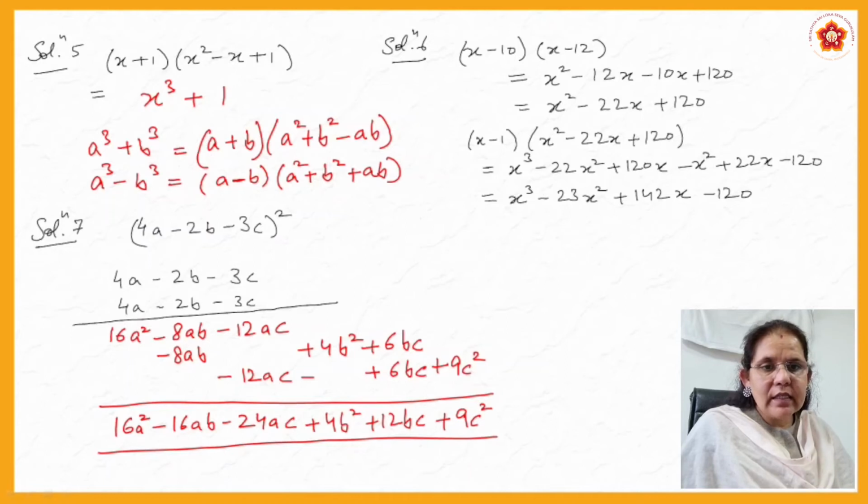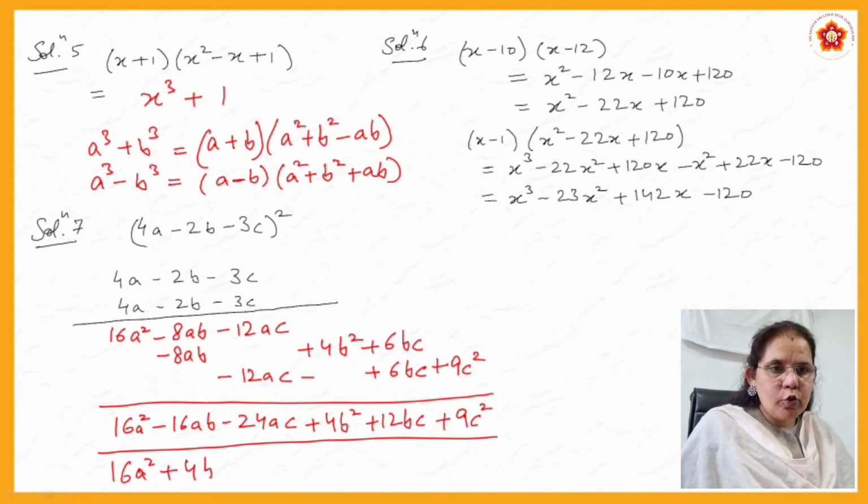When you write down the answer, first term should be 16a square, second term should be 4b square, third term should be 9c square. Then write down AB term, which is minus 16AB. Then write down BC term, which is plus 12BC.